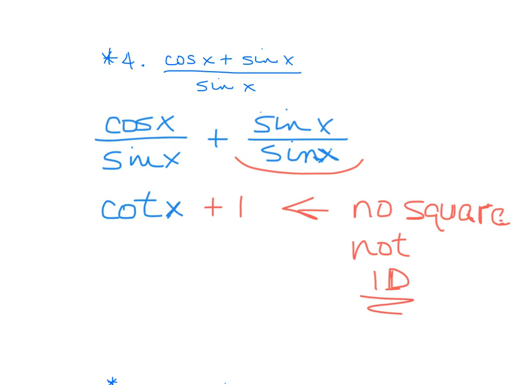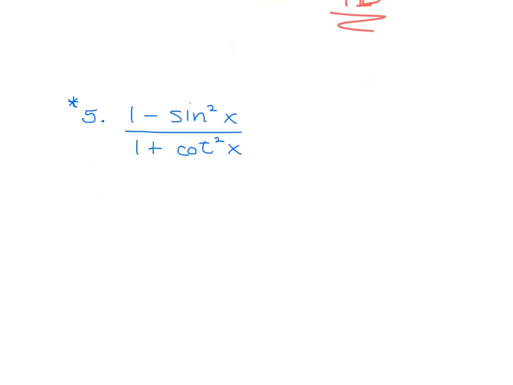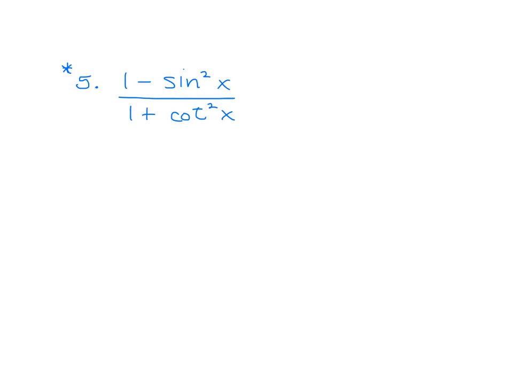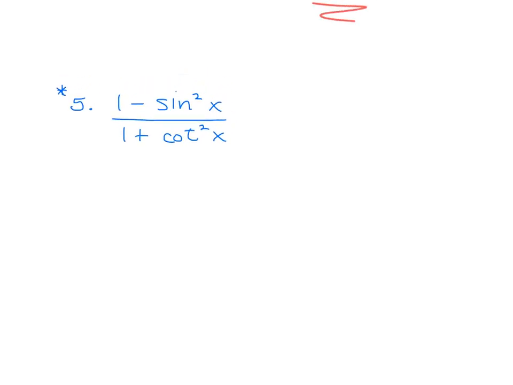For number 5, it's actually an identity, but we need to manipulate them. So for the first one, I'm going to use the Pythagorean identity of sine squared x plus cosine squared x equals 1. I'm going to move the sine over, and solve for cosine.